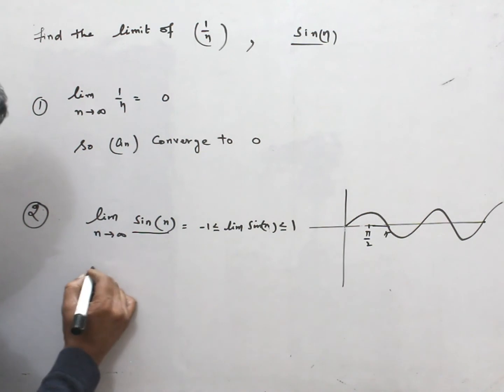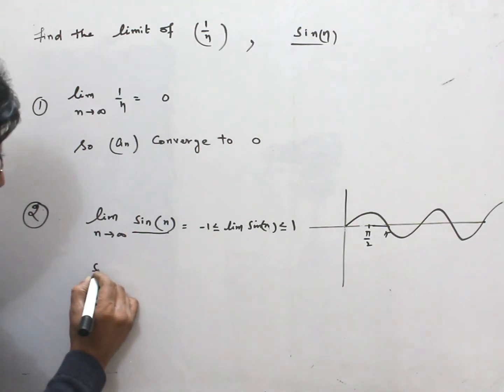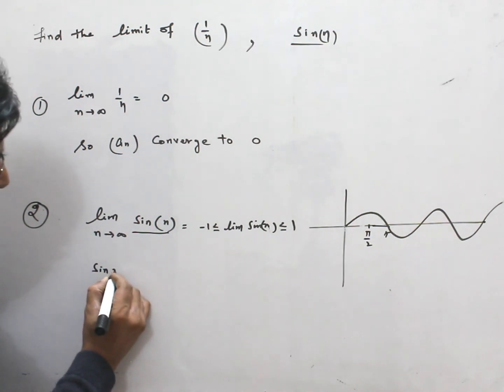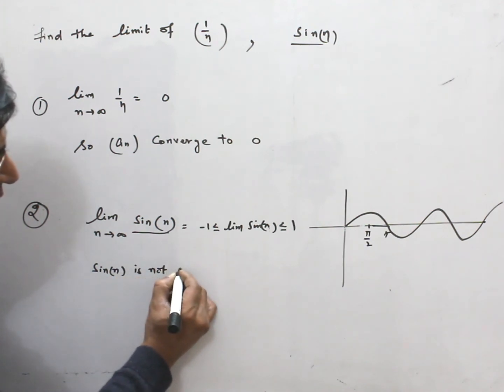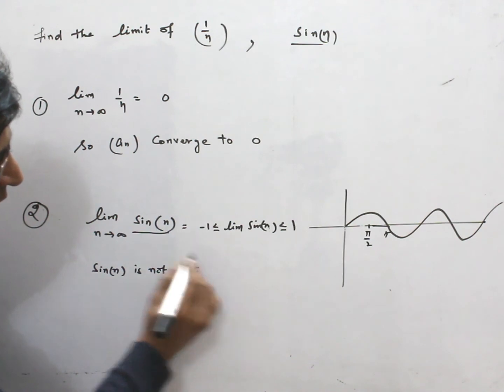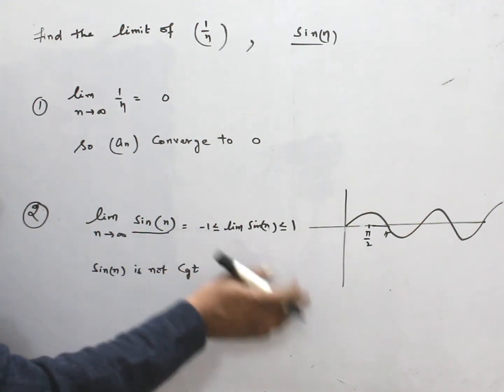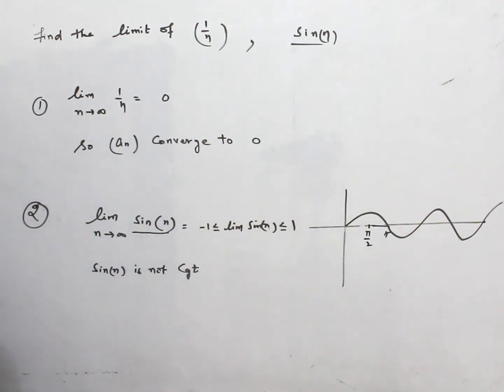So sine n is not convergent because the function is not stable, it always moves up and down.